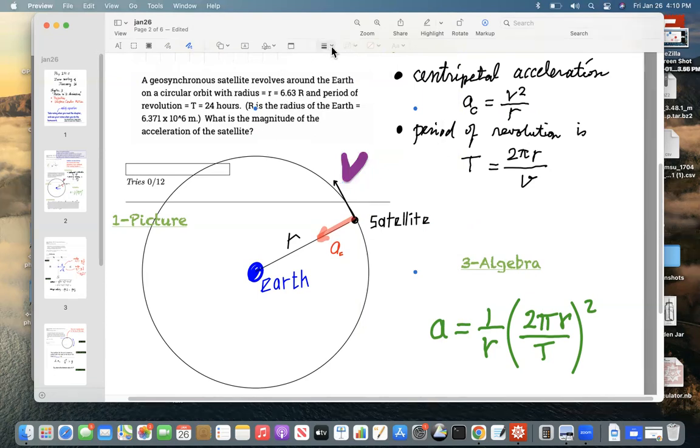Now, as it revolves around the Earth, it's pulled towards the Earth. That's the centripetal acceleration.